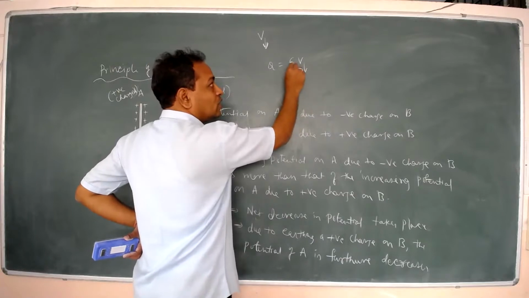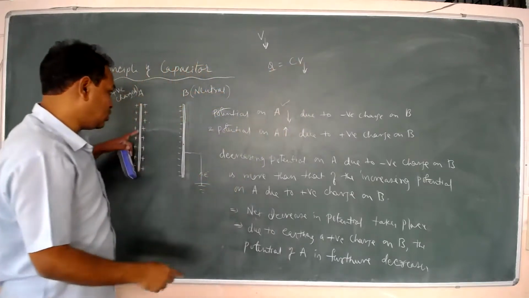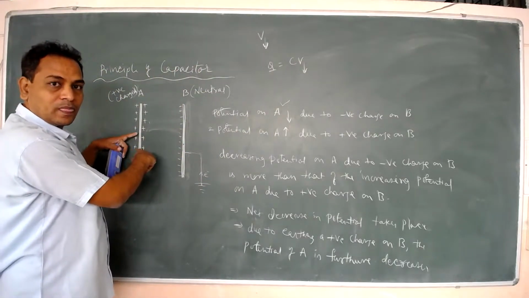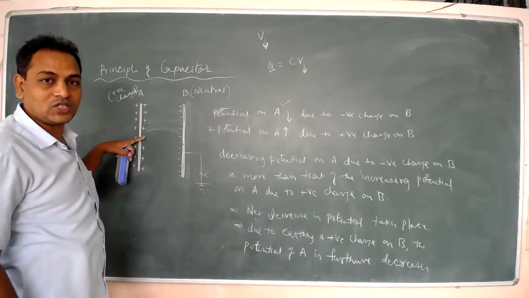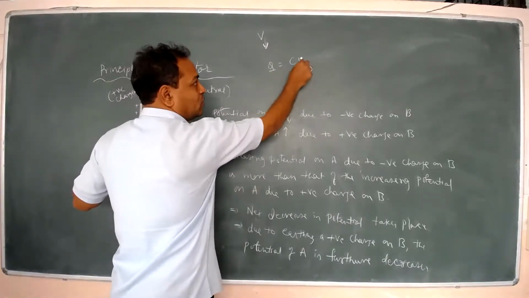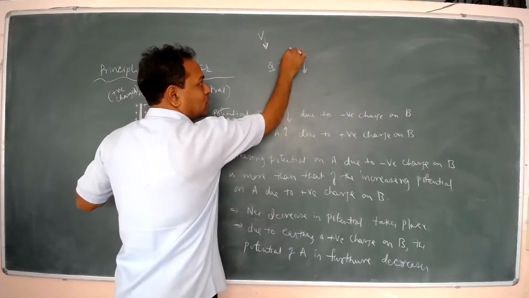This implies that the product of these two is constant. Why? Because the charge before and after this process is the same. I have not altered it, so the charge remains constant. Therefore, when the V value decreases, the capacitance will increase.